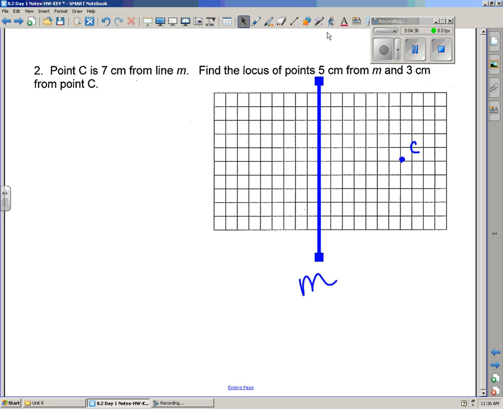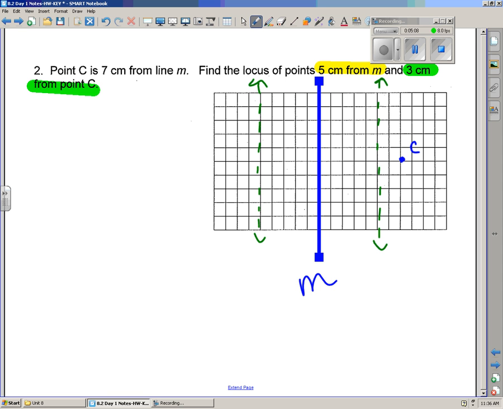This is all given. Find the locus of points 5 centimeters from M. That's one condition. 3 centimeters from C. That's the other condition. If I'm 5 centimeters from M, I'm on 2 lines on either side of M, 5 centimeters away: 1, 2, 3, 4, 5. So this would be one of the lines, this would be the other line. That takes care of the first condition.